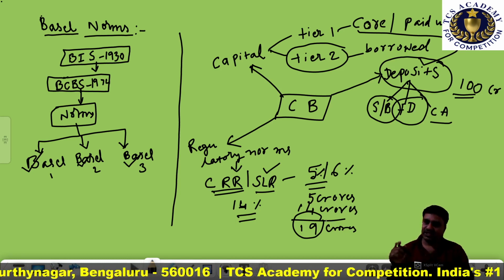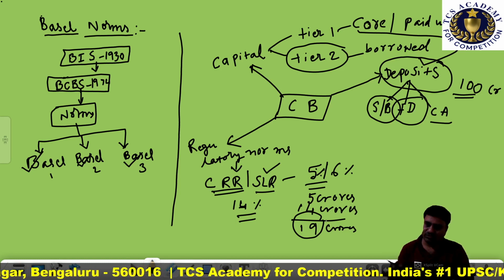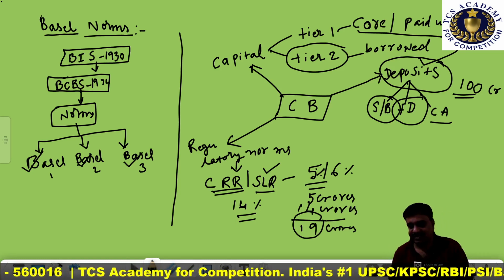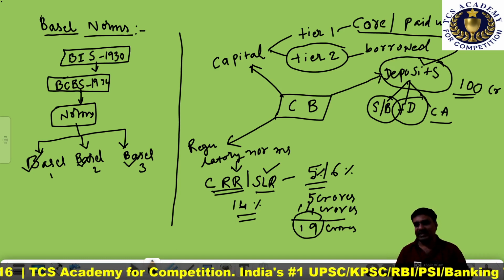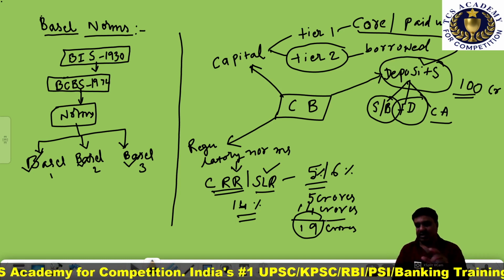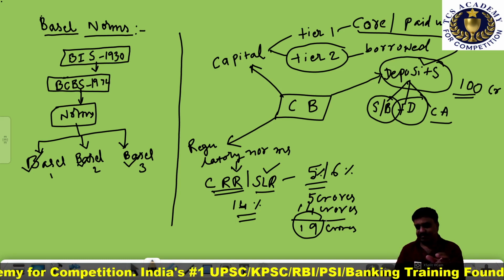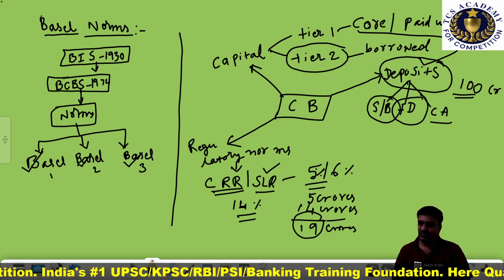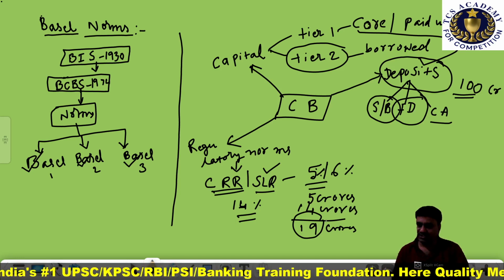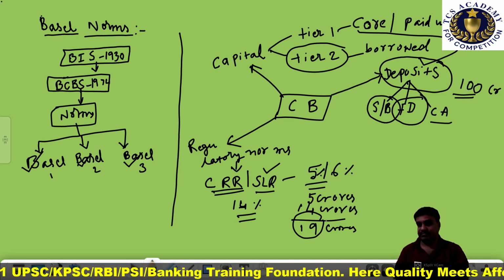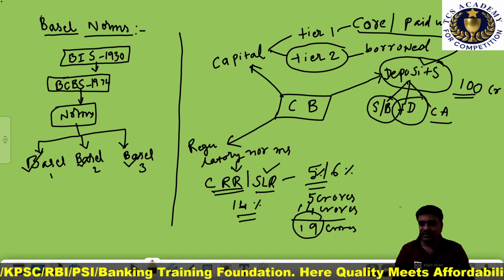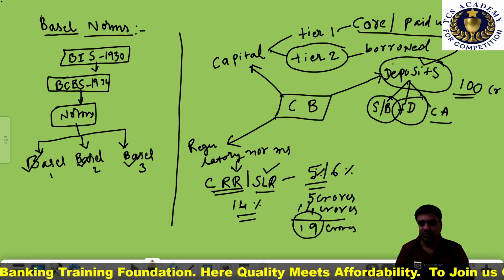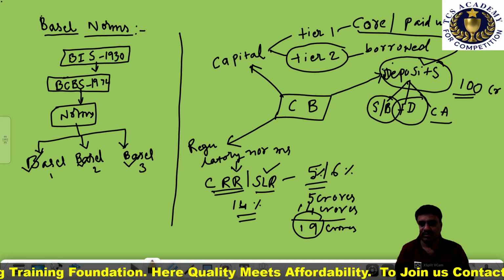The statutory liquidity ratio is 5 crores and the cash reserve ratio with RBI is 14 crores. 19 crores. 100 minus 19 is 79 crores. Are you fine?